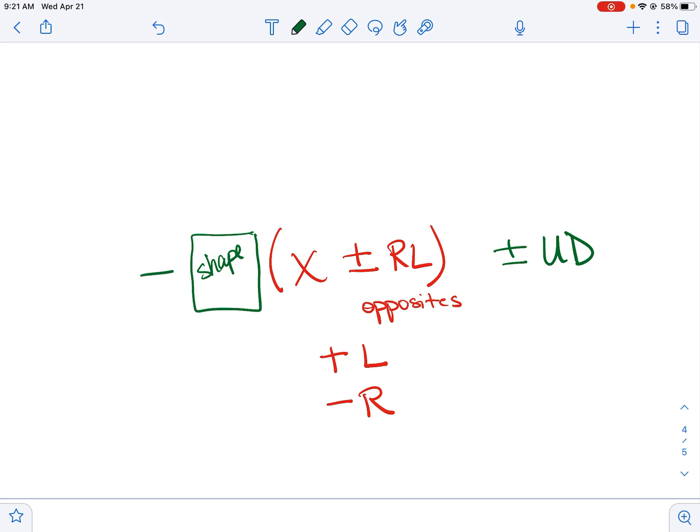If it's a negative out front, you are flipping it. Instead of being open up, it'll be open down. Instead of being down up, it'll be up down. So the negative flips it. And when I say the shape, it makes it skinnier or it makes it fatter.